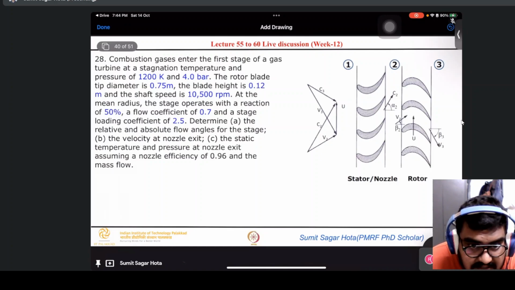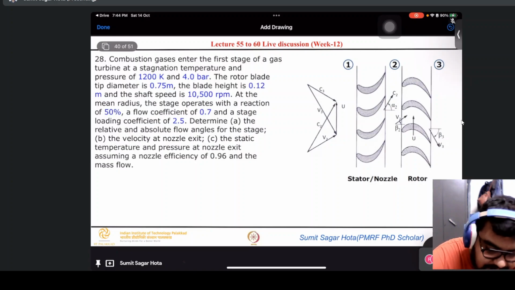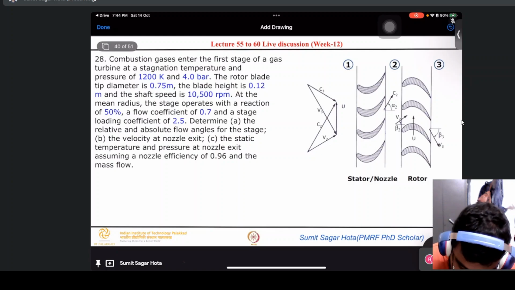Determine the relative and absolute flow angles for the stage, velocity at nozzle, static temperature and pressure at the nozzle, assuming an efficiency of 0.96, and the mass flow. So this is the velocity triangle, everything.